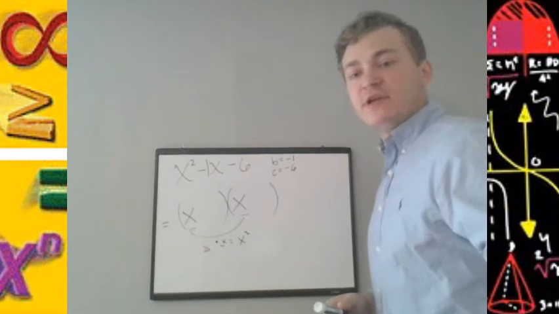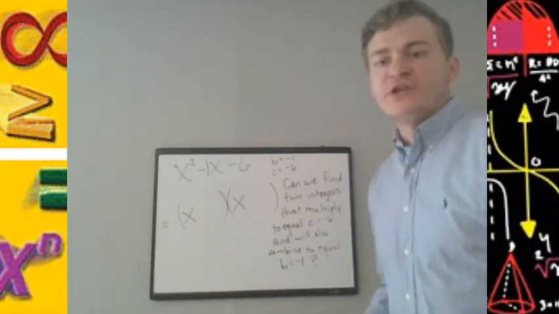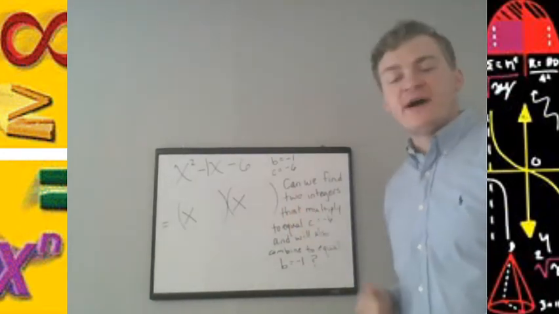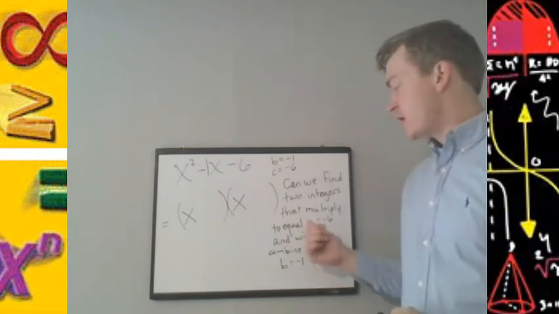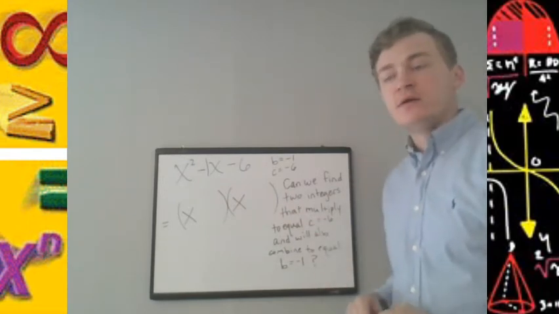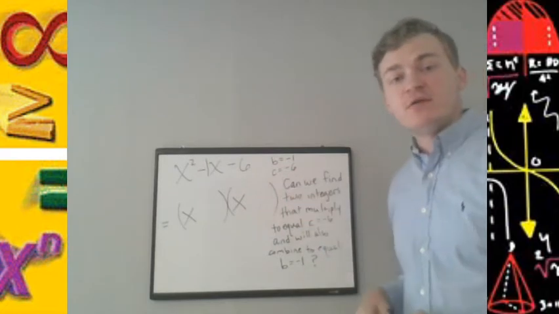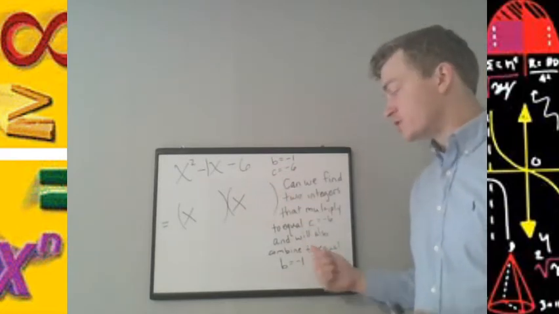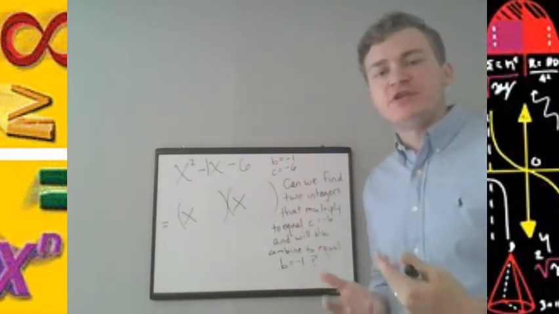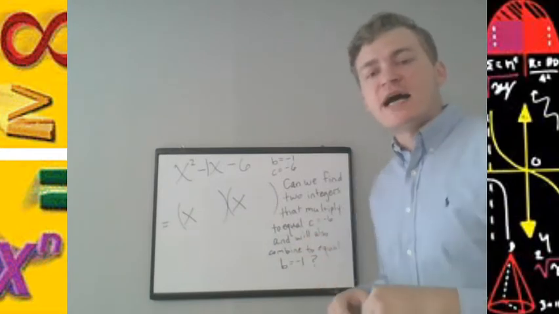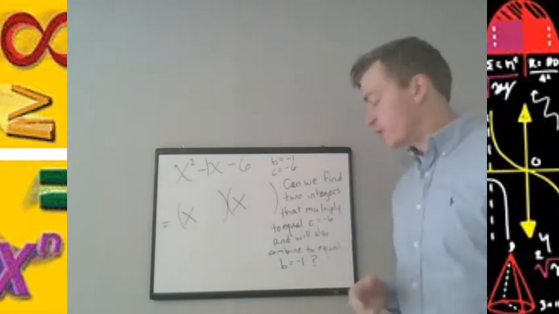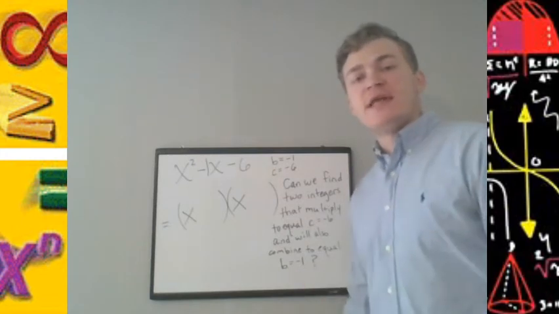Pause the screen if you need to. The question here becomes, can we find two integers that multiply to equal our c value, negative 6, that will also combine in terms of addition or subtraction, depending on what the sign is for them? Can we combine these two numbers in order to equal negative 1?